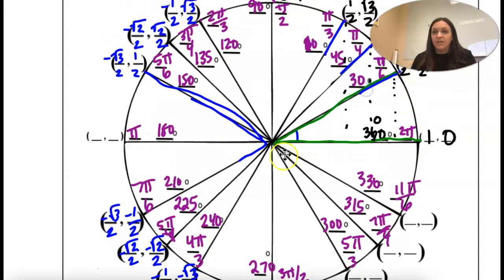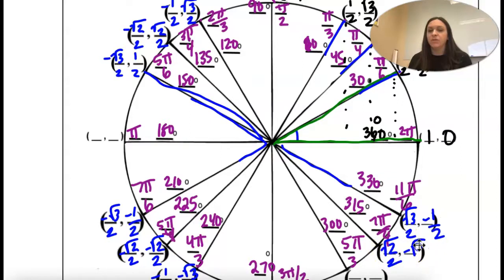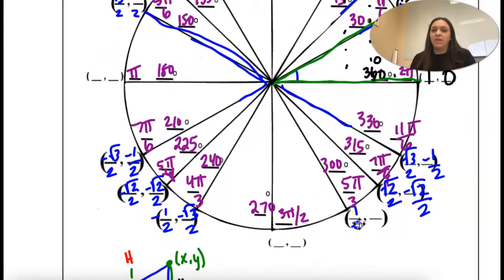And then on this quadrant, the x is positive, so square root of 3 over 2, and this time y is negative. Sorry, I had to think about that. Square root of 2 over 2, and then 1/2, negative square root of 3 over 2.